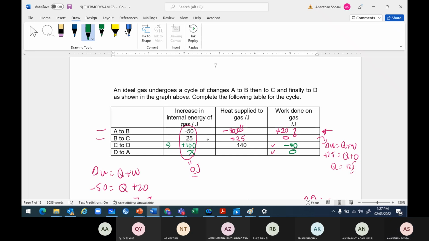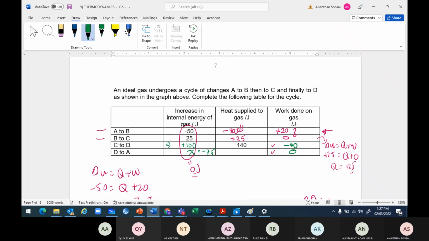The x is negative 75, right? Yeah, negative 75. So D to A, the internal energy decreases, negative 75.